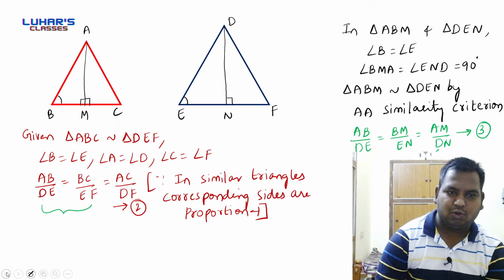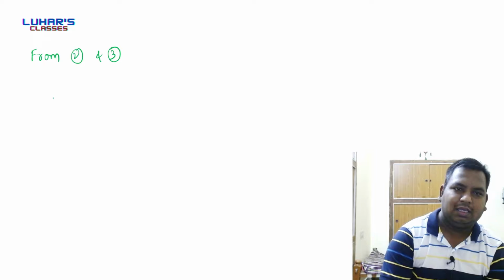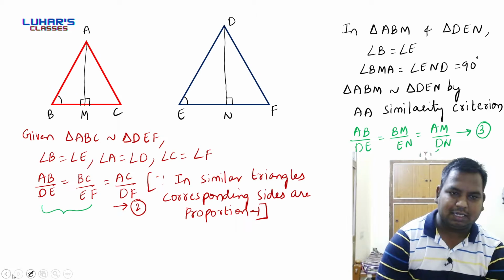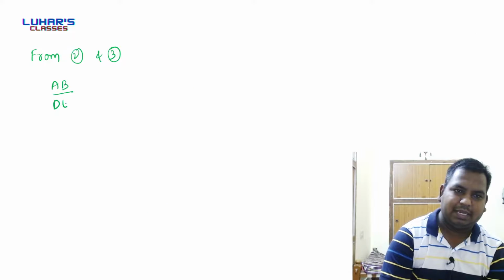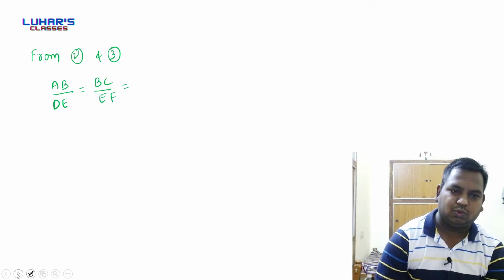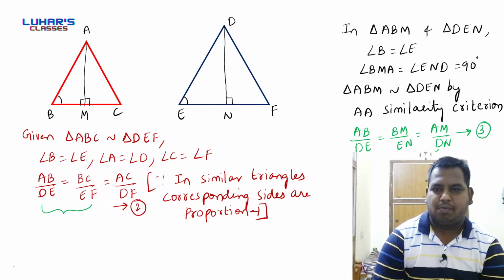I can conclude that AB by DE is equal to BC by EF, which is equal to AM by DN.